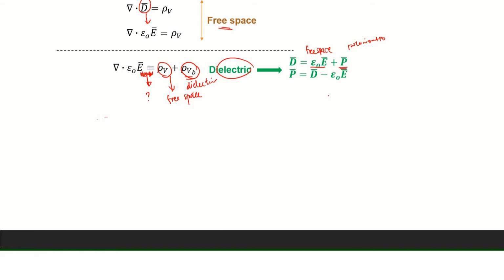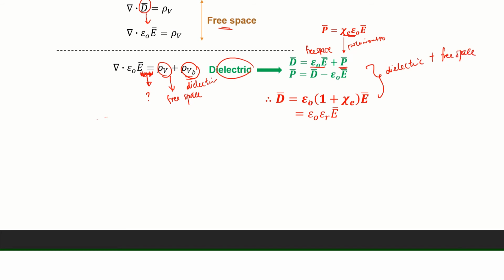From what we discussed earlier, P equals electric susceptibility times epsilon naught times electric field intensity. So we can insert this equation inside this, and rewrite the equation for D, the electric field density, for a medium of dielectric plus free space.